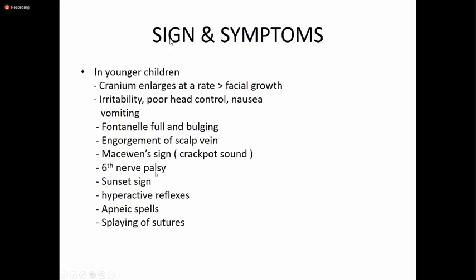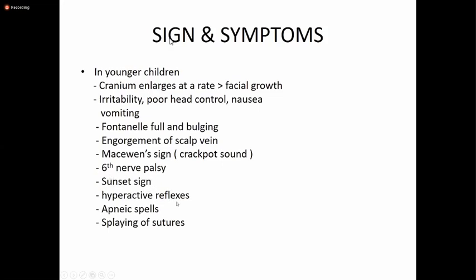Another sign of raised intracranial pressure and hydrocephalus in the younger age group, less than 1 year, is sixth nerve palsy and sunset sign. In sunset sign, what happens? The gaze is downwards, and it is because of the pressure of the CSF on the midbrain, from where the gaze pathway goes through. So there will be sunset sign. You will see the picture of this in the next few slides.